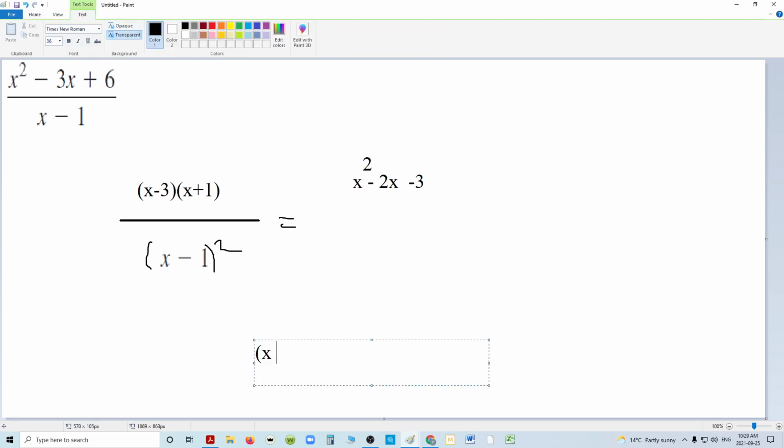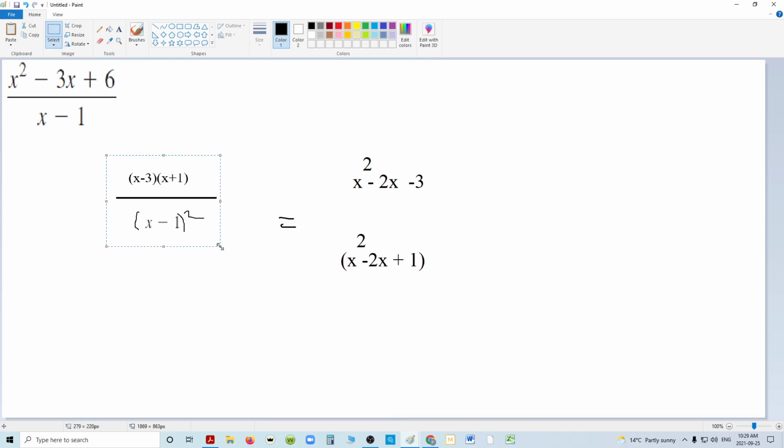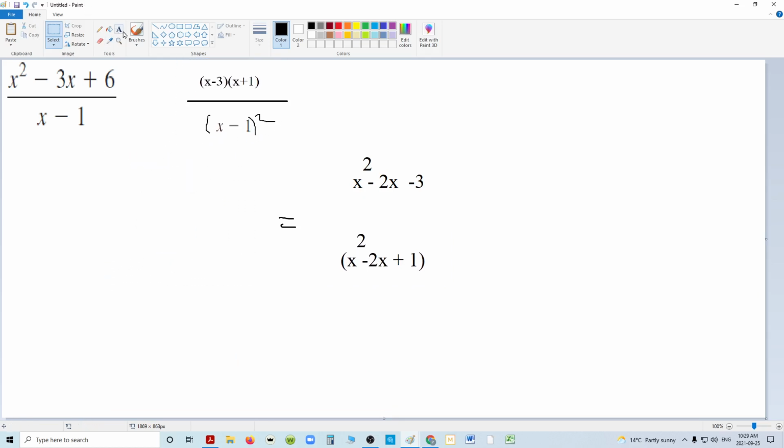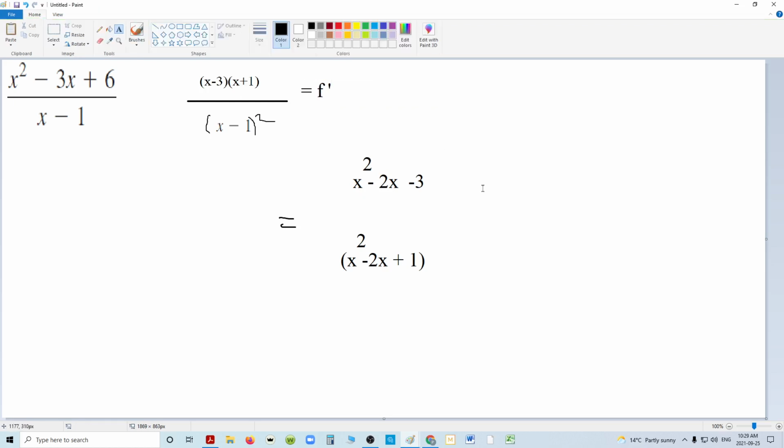It's going to expand to x squared minus 2x plus 1. Because taking the derivatives of these two things is easier than applying the chain rule. Now, I will keep the first derivative around somewhere, and I'll note that it's the first derivative, just in case. And now I'm going to find the second derivative.